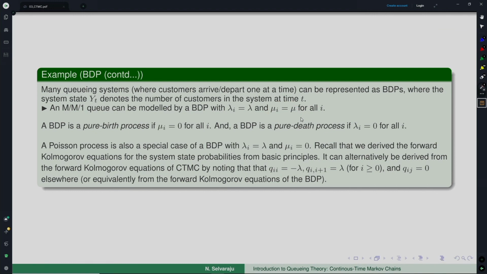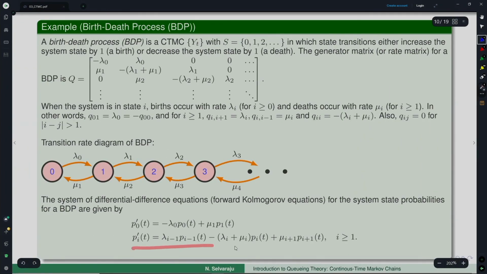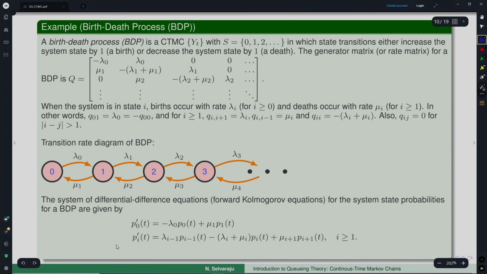So, how do we obtain this equation? You can recall the Poisson process case, where we obtained this from the basic principle. Here also you can consider the interval of length 0 to t plus delta t, and dividing it between 0 to t and t to t plus delta t, by the same process you can obtain this set of equations, using the rates that you have here.